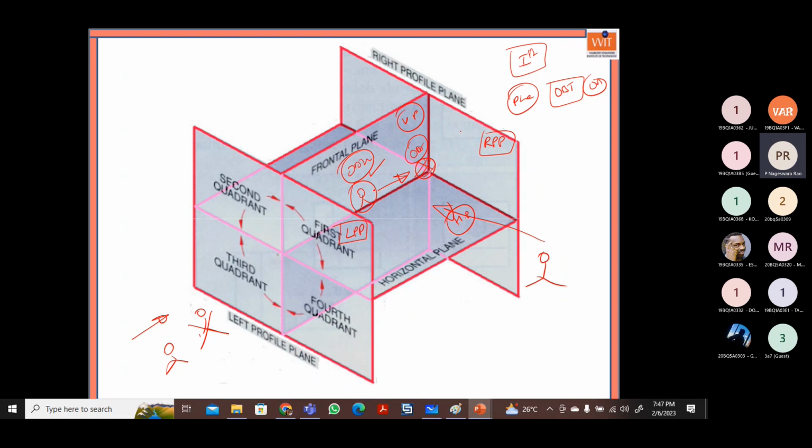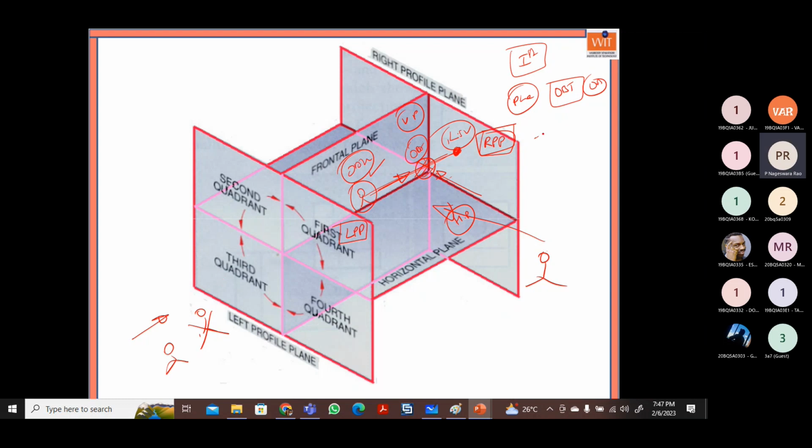This is the image when you look at the object from the left side, on the right profile plane. What we get on this plane in first angle projection is what we call the left side view.